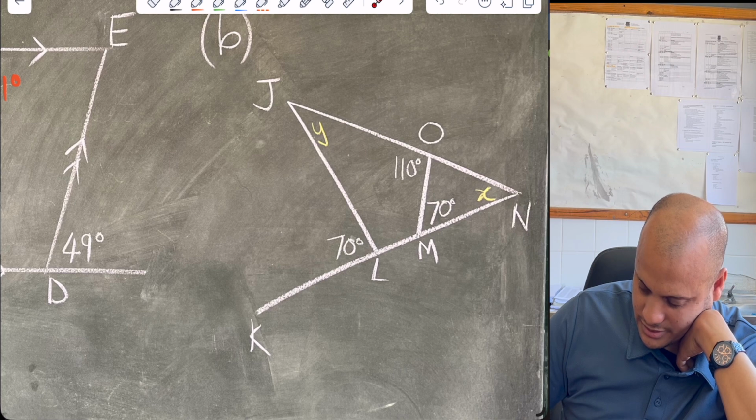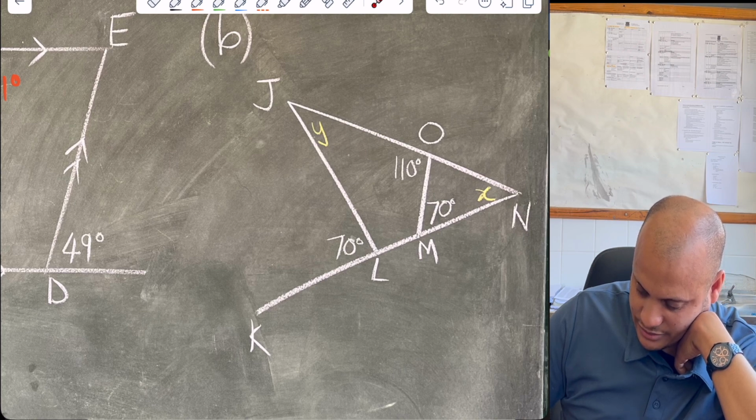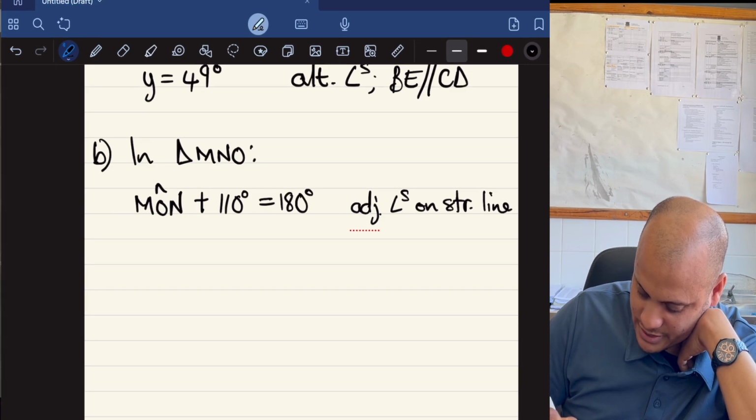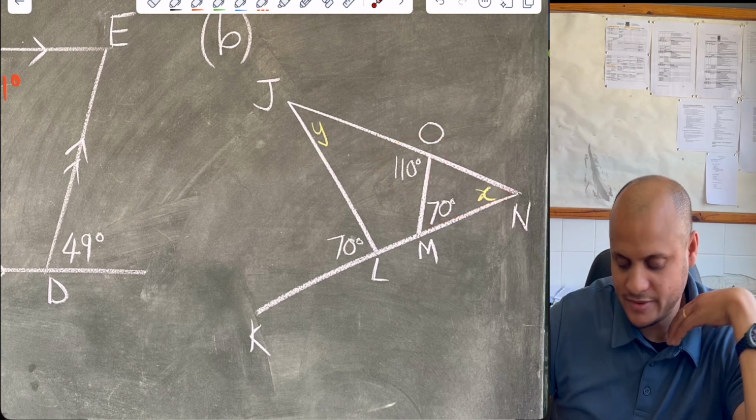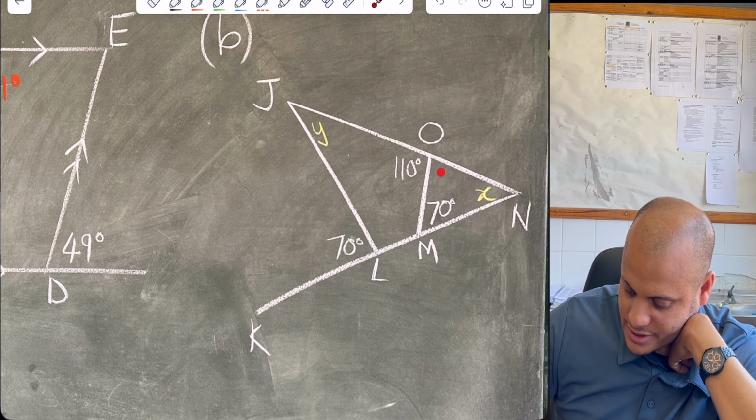Now, you might think, well, what I said is not taking place inside triangle MNO. So why did we say in triangle MNO? It was just to point towards this angle here, which can be found inside triangle MON.